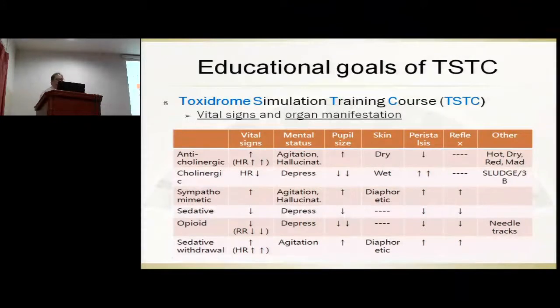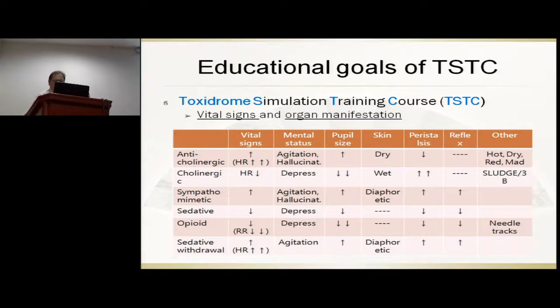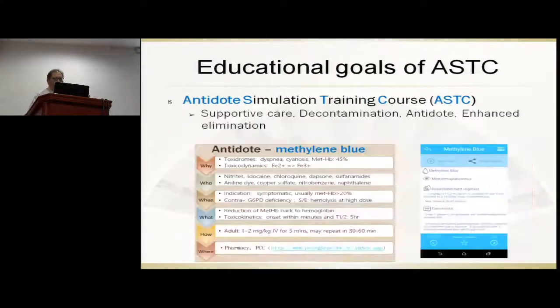We tell them you have to look for the vital signs, and you have to look for the organ manifestations. That's one thing. And the second thing is we teach our residents that you have 4 treatment options to treat the patients. So that's our first course.